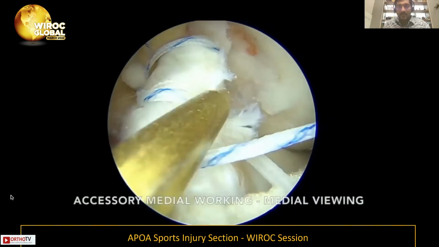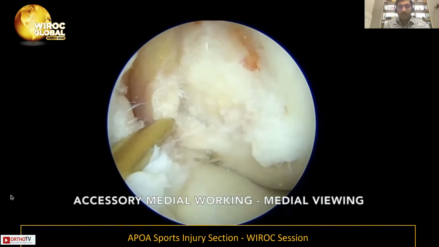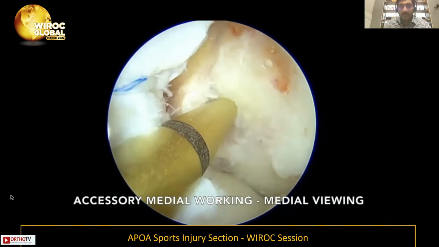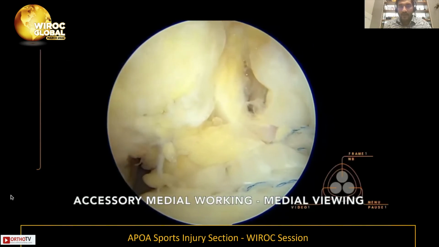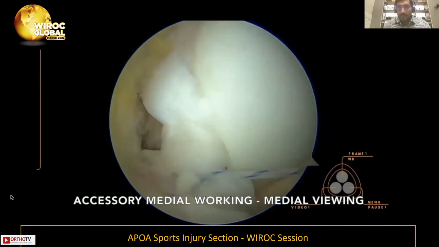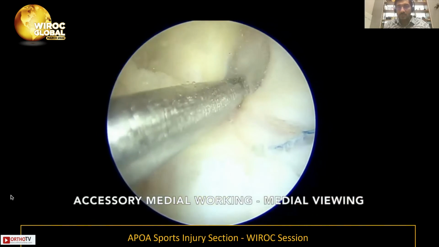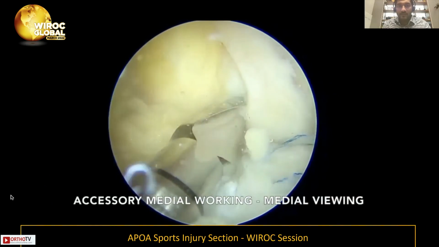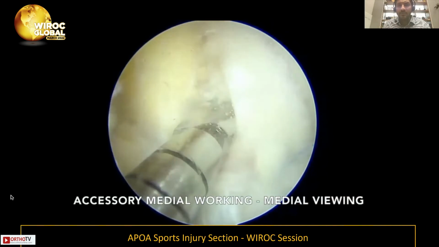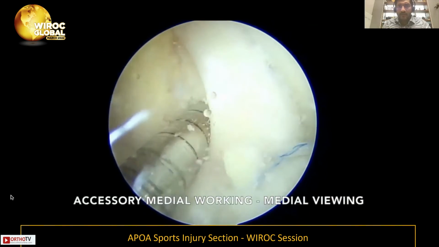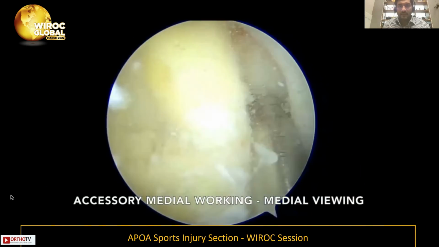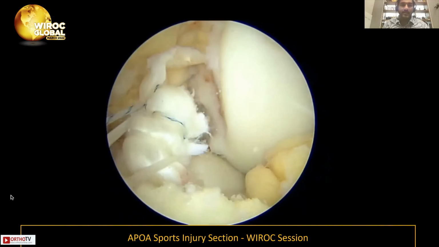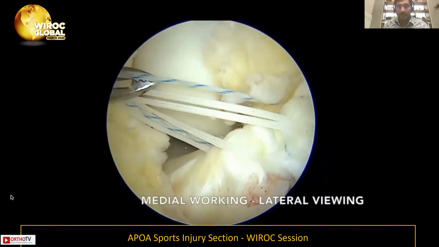Once these sutures are taken, they are all pulled together in a way that we have access to the femoral footprint. And after taking just an entry, we can use the sutures to pull the ACL remnant away and use a 4.5 mm drill bit to try and drill through and through the lateral femoral condyle and come out on the lateral femoral cortex, but drilling between the ACL and the PCL to protect the remnant.